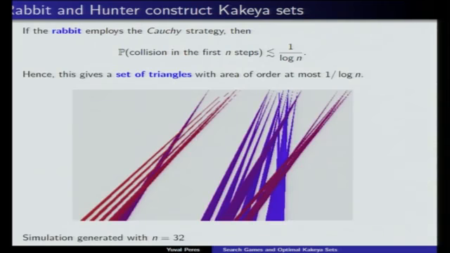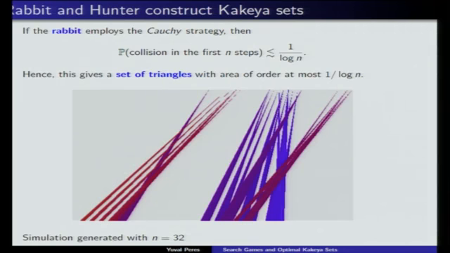Except a small Kakeya set will give a strategy against this specific hunter strategy. But a small Kakeya set, note, we have deterministic Kakeya sets, and a deterministic strategy for the rabbit would never work against all hunter strategies, because the hunter might do something that's effective against this particular choice.